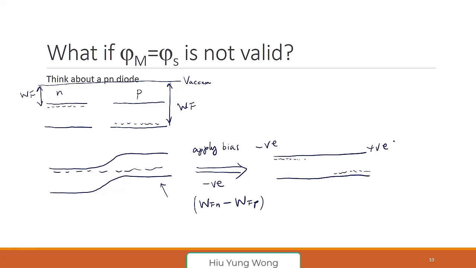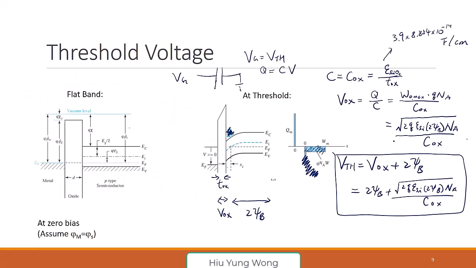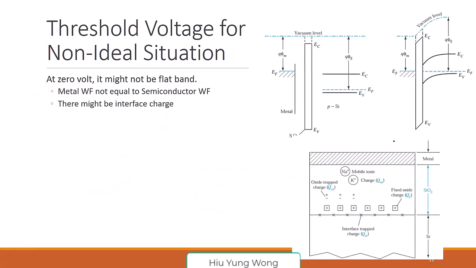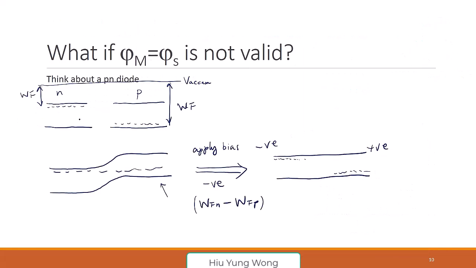So this is the idea. For threshold voltage, what I can do is apply a bias so that it is flat band, and then continue to use this equation. If it is not flat band, for example at zero bias, the work functions are not the same. Let me call this 1. Because phi m minus phi s is not equal to 0, we use the same methodology.